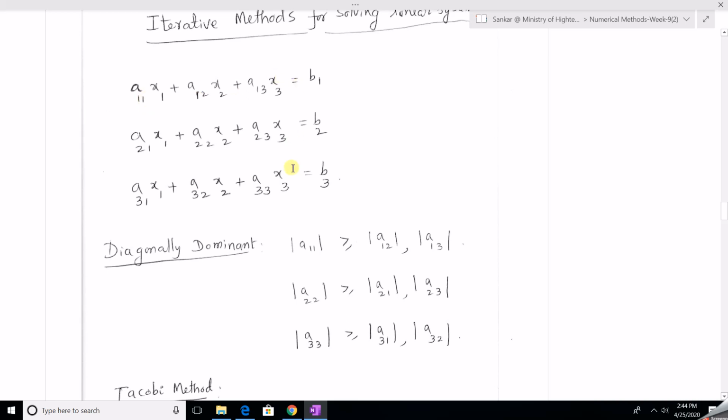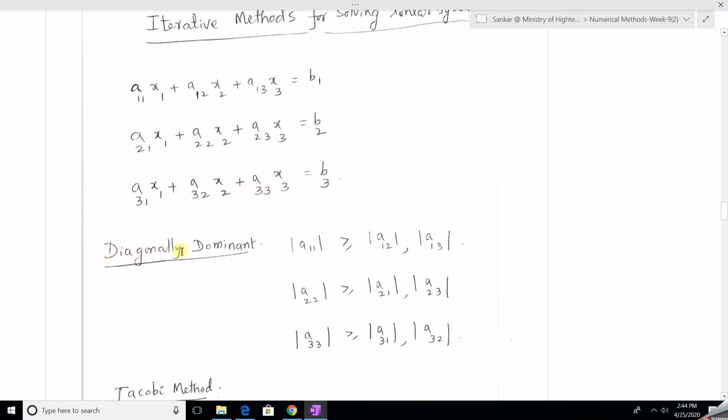If you write the matrix form of this system of equations, the coefficient matrix will be a11, a12, a13, a21, a22, a23, a31, a32, a33. This is the coefficient matrix. And the diagonal elements are a11, the second diagonal element a22, and the third diagonal element a33.